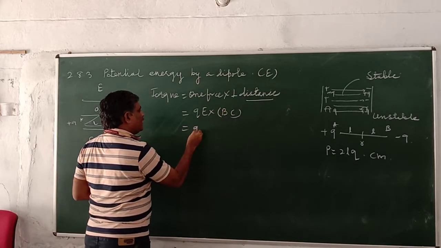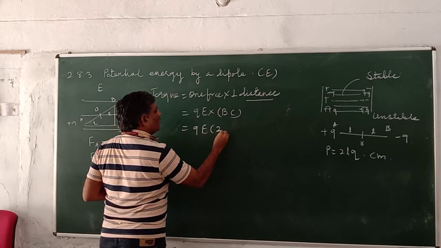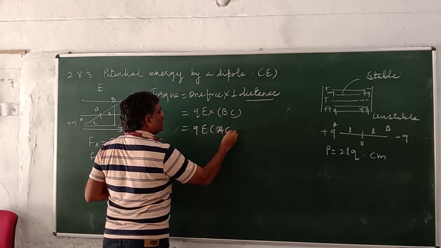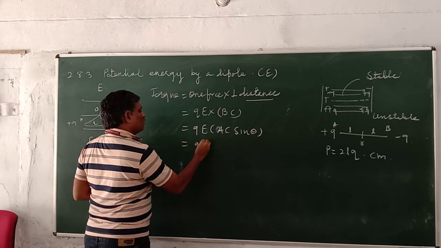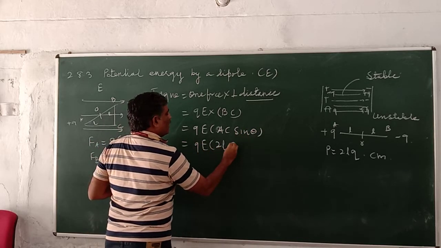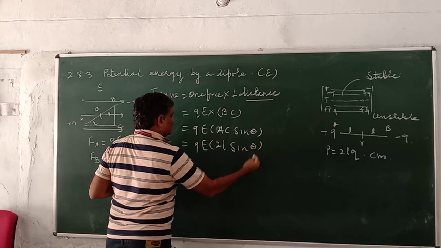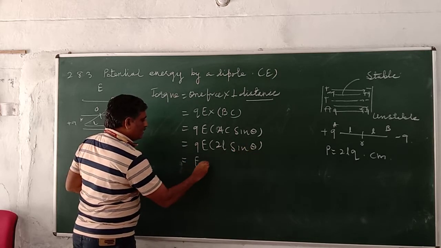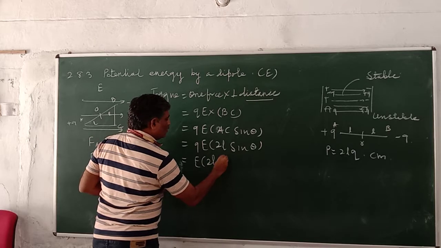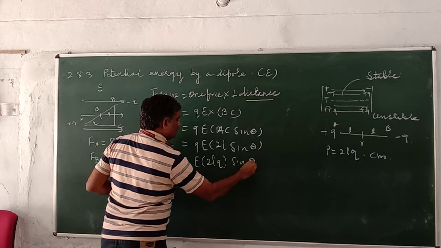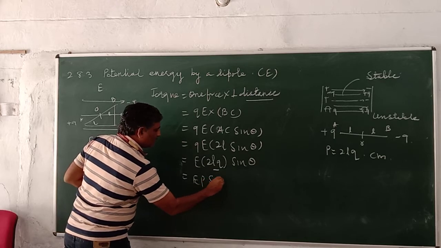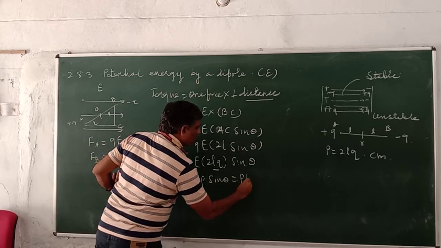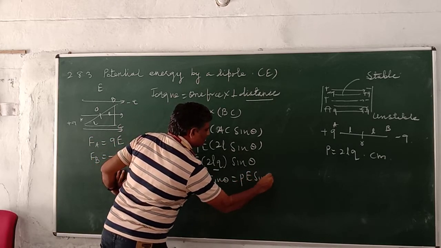So this BC is nothing but AB into sin theta, that is 2L sin theta, so torque is equal to QE into 2L sin theta. We know that P is 2LQ. Therefore, this becomes P sin theta times E, which is equal to PE sin theta.